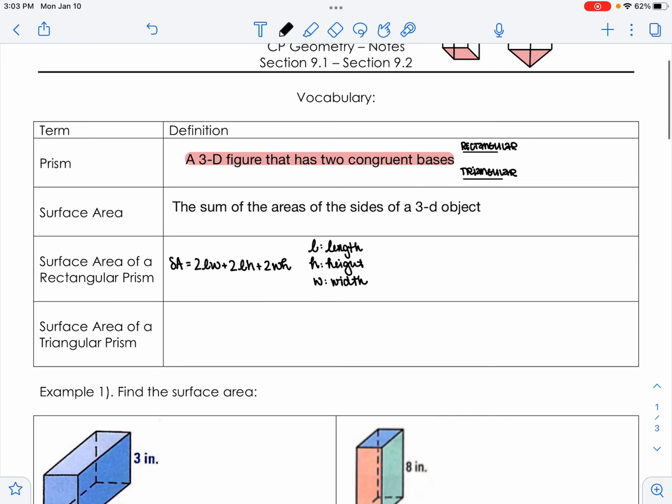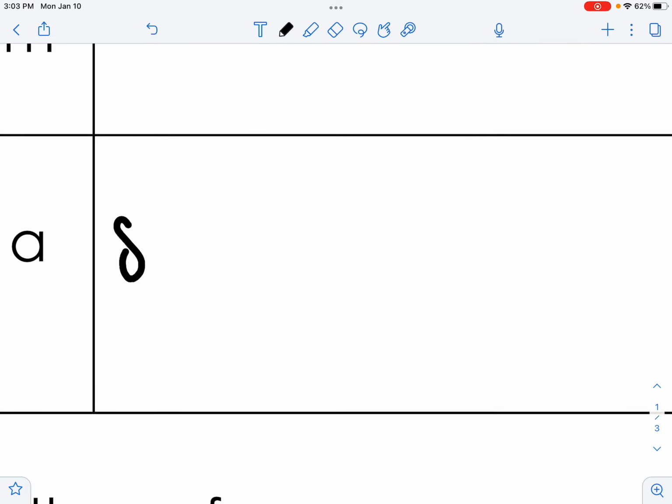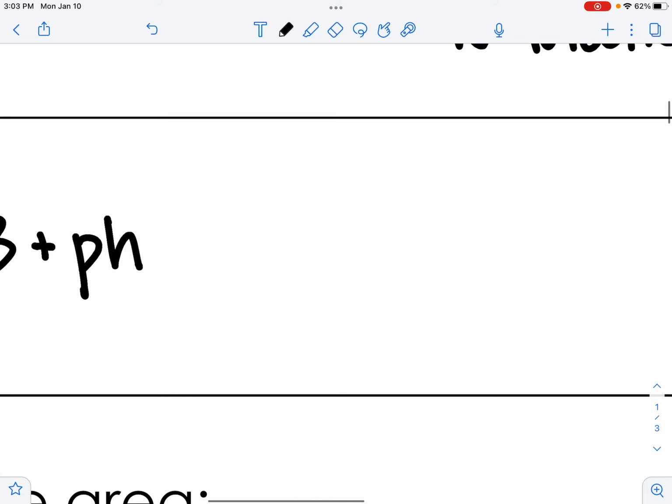We're now going to talk about the surface area of a triangular prism, and this is one of the harder formulas. So let's go ahead and start here. Surface area equals 2 times big B, so capital B, plus P times H. So let's talk about what these variables represent.